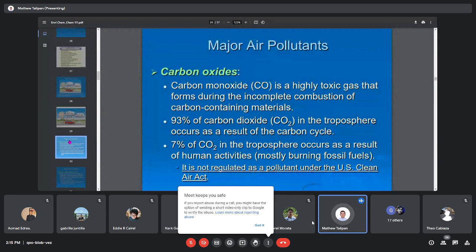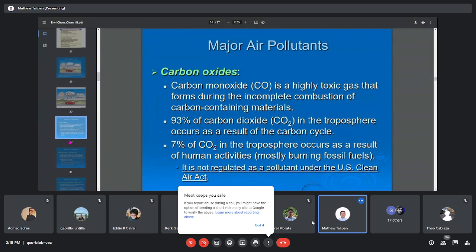So these are the five major air pollutants. We have oxides of carbon. A special mention here is carbon monoxide because it is not a greenhouse gas but is highly toxic, in the sense that it can compete with the oxygen molecules in our blood vessels.